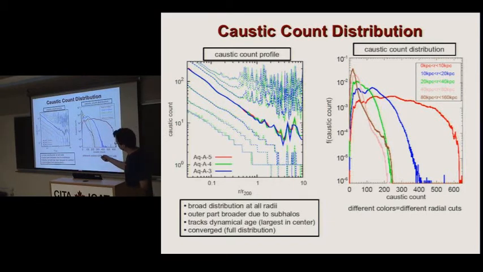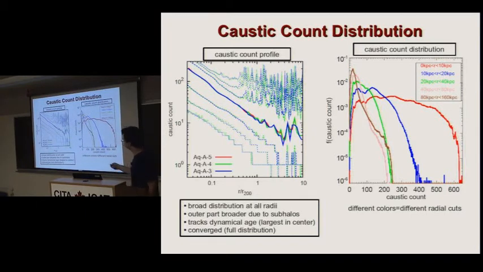The spread here is showing different quartiles of the distribution, so you can see this is a pretty broad distribution. I also want to point out that these different colors, at least in that plot, show different resolutions of the simulation, so this is all pretty well converged. This is a pretty stable result.